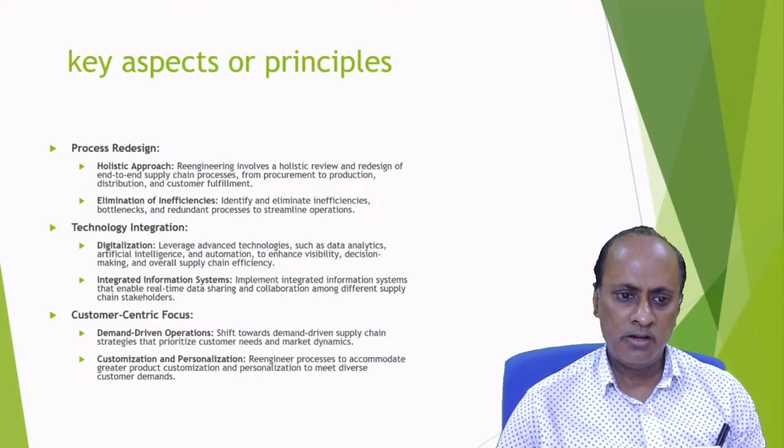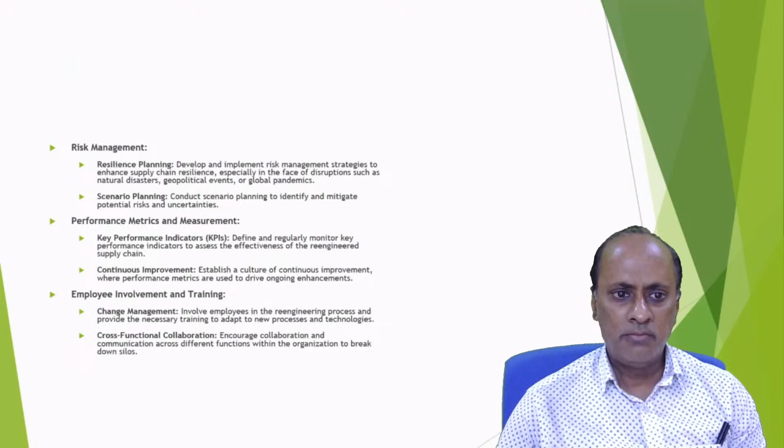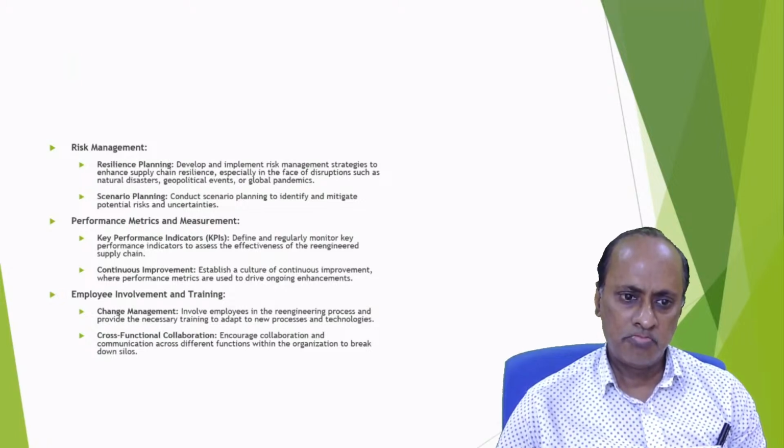It should be demand driven in operations. It should give importance to customization and personalization, and it should have risk management, resilience planning, KPIs, key performance indicators, and employee involvement in training.